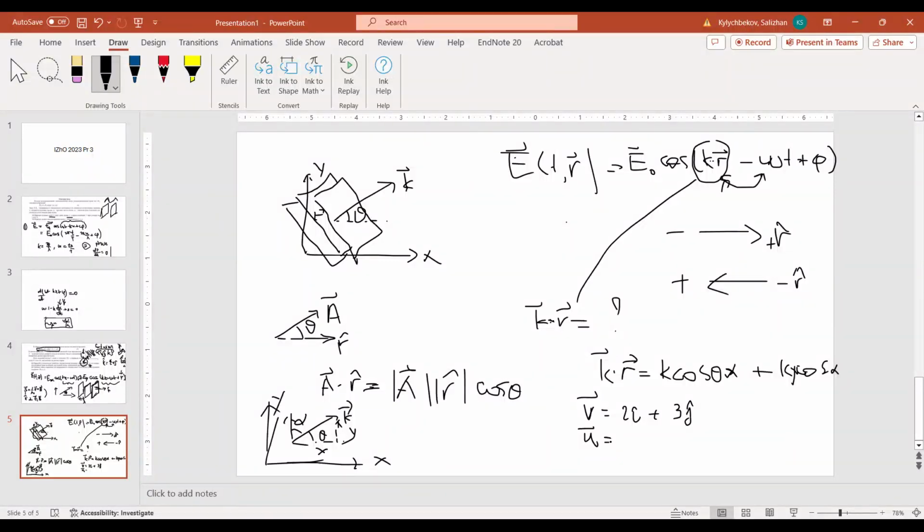U is equal to 2 times I hat plus 4 times J hat дейли. Но мұның dot product'ы не болады? This simple vector problem, да? V dot product U will be скалярный, да? Scalar. Айлар мен айды, J'лер мен J ортасында 2 times 2 plus 3 times 4.